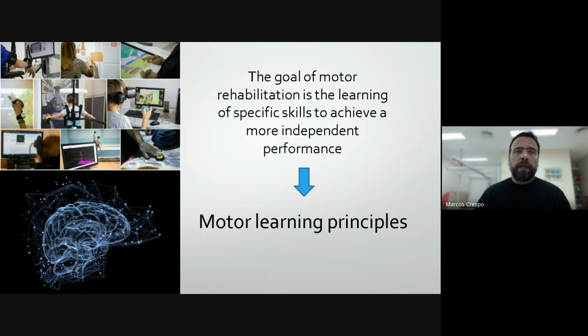Even though there is not much evidence about the evaluation and assessment of the motor learning principles associated with a specific virtual environment or virtual activity, because of the complexity of that, it's easy to analyze and relate the motor learning principles with the features or characteristics that virtual environments and virtual reality systems offer.